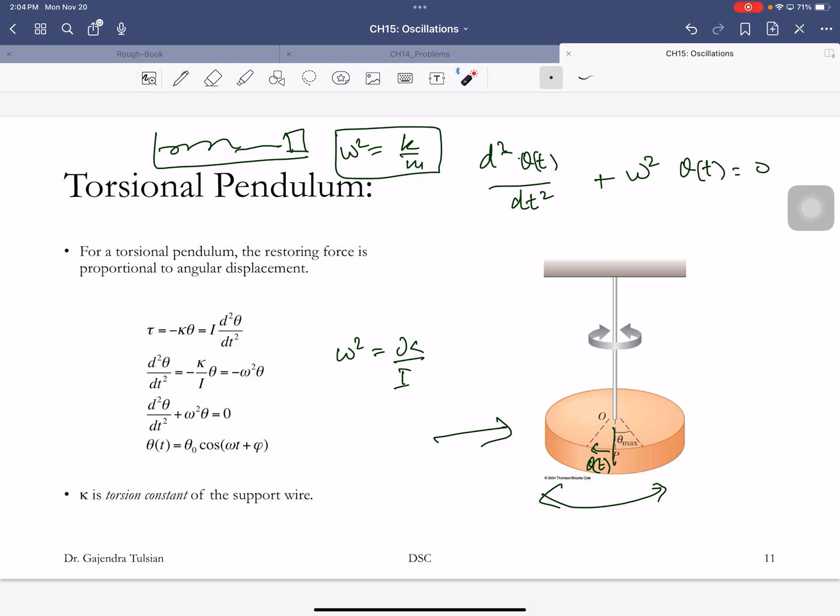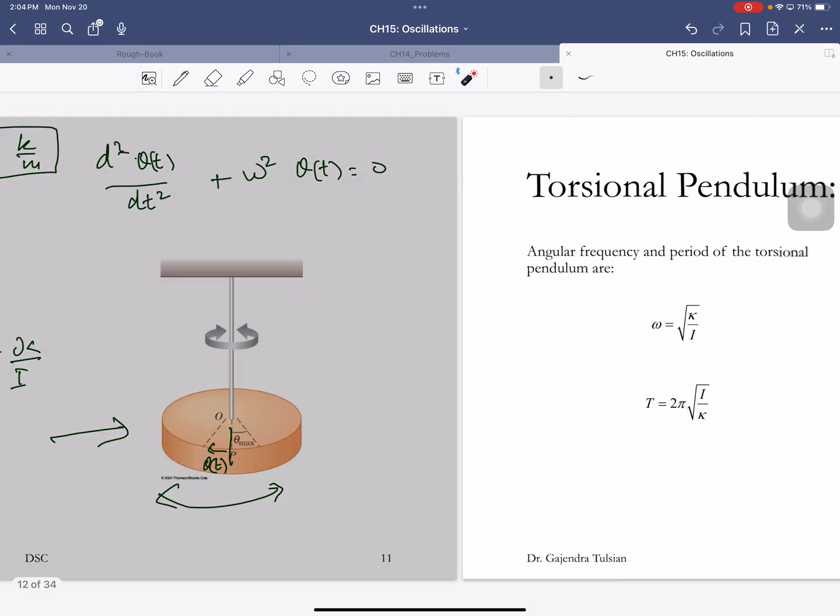And this would be the phase constant. So if you twist this and let go, that would be 0. For t equal to 0, cosine omega t would be 1, and that would be theta naught. So that's the initial condition there.